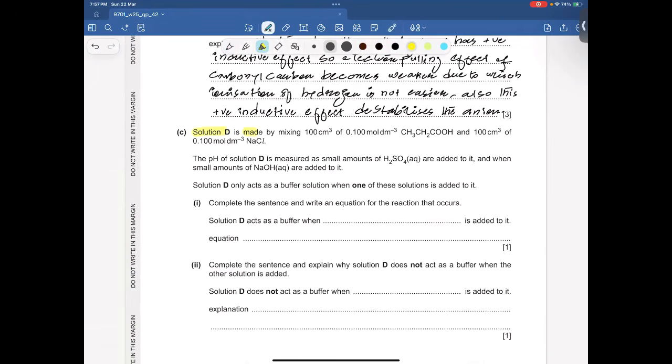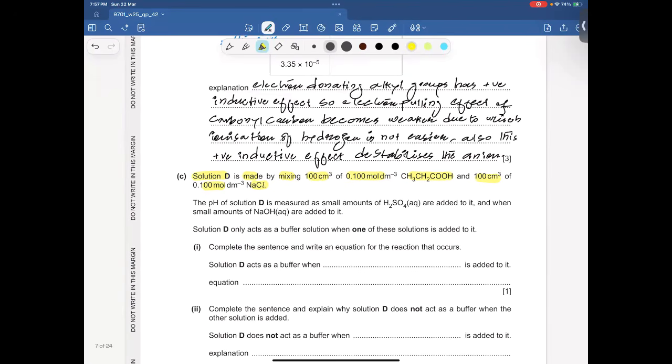Solution D is made by mixing 100 cm cube of 0.1 mole per dm cube propanoic acid and 100 cm cube of 0.1 mole per dm cube NaCl. So what we have done here is that we have a beaker. In this beaker, we have solution D, and in this solution, we have two different substances.